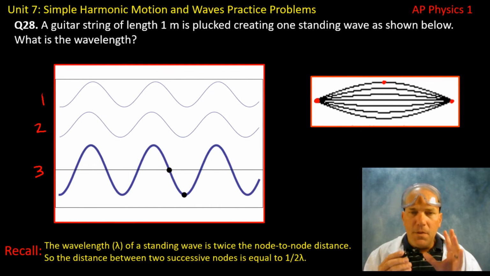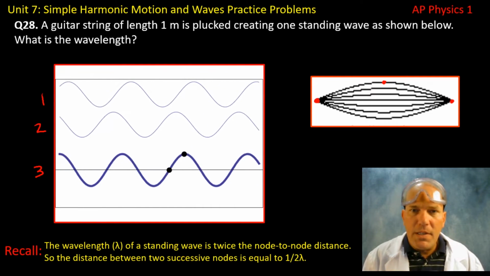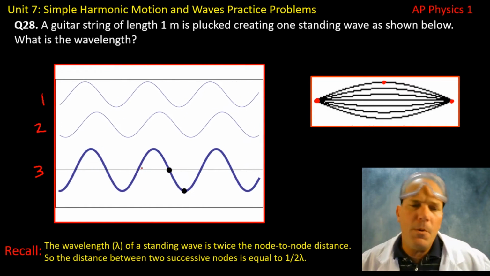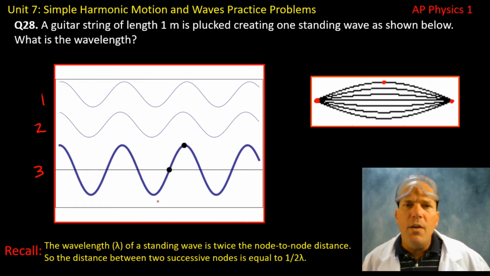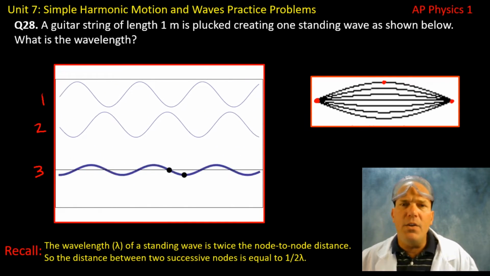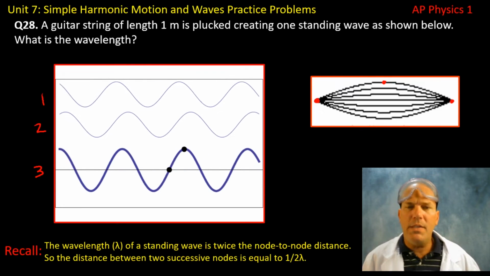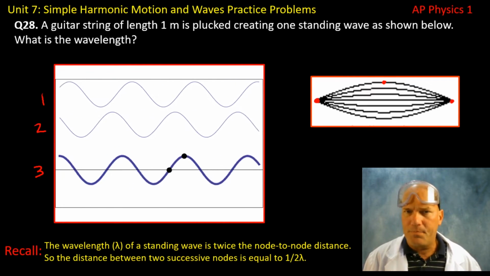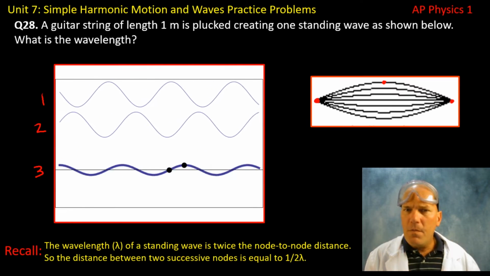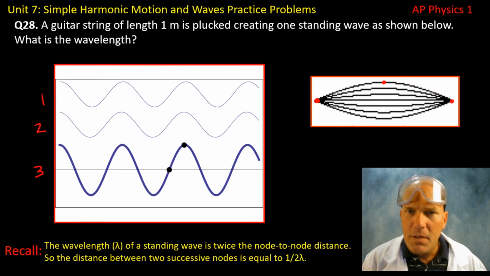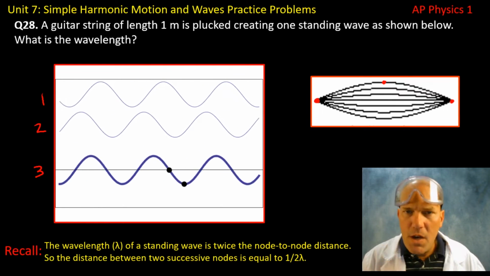Okay, so if you again take a moment, look at this animation, you can see on the superimposed wave number 3, we have 2 points here. Call them points P and Q, where P is a point that has no vertical displacement, has no vertical velocity. In fact, it is not moving. That is a node.